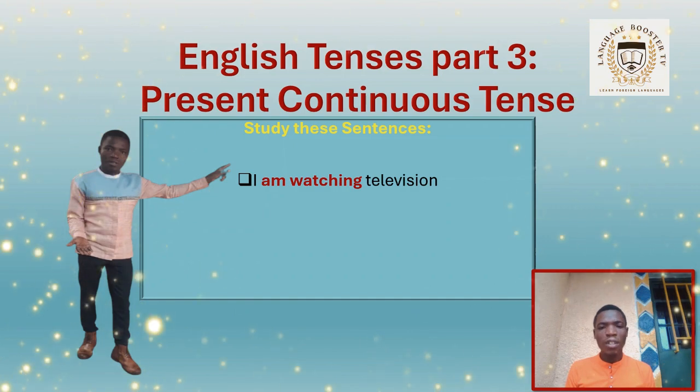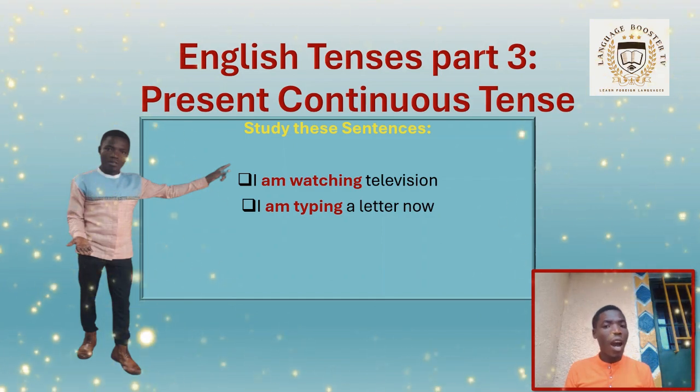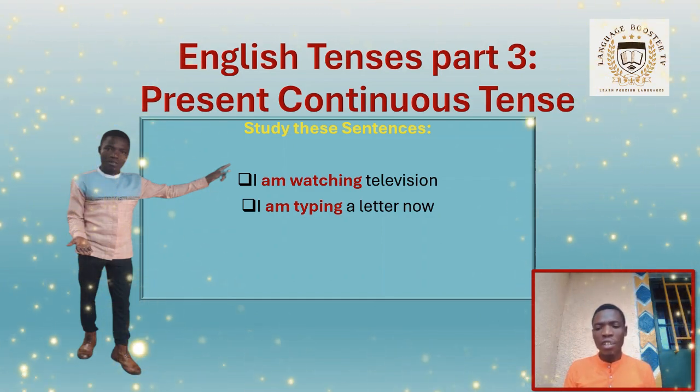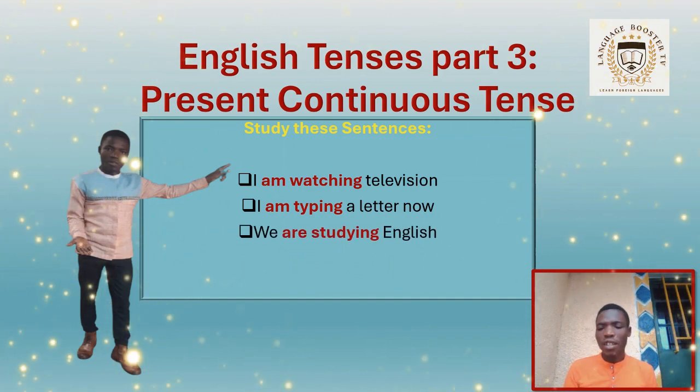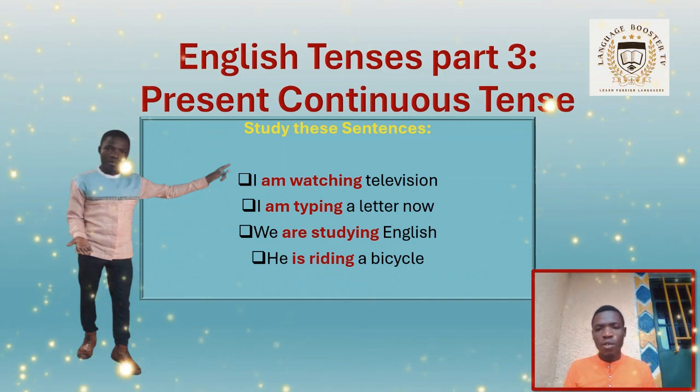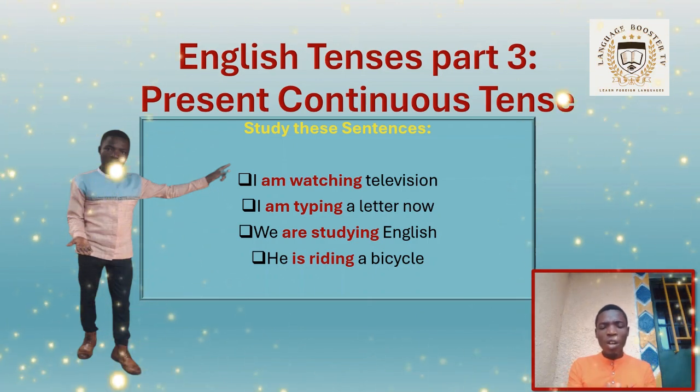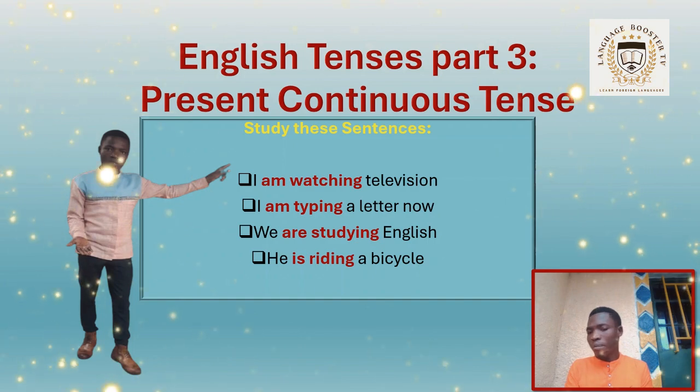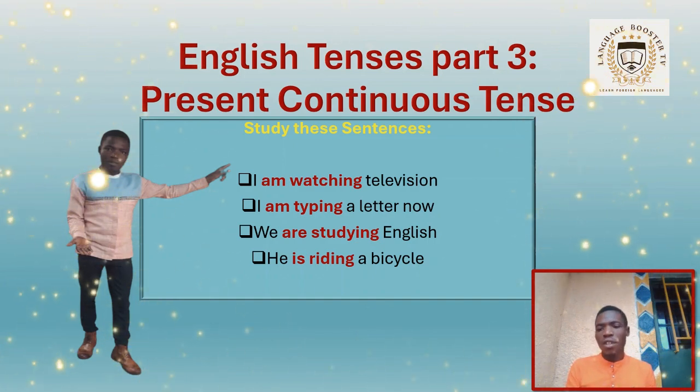Number 2, I am typing a letter now. We are studying English. The last one, he is riding a bicycle. Great. All these words in red, can you pay attention on them? How are they formed? Yes, let us go.